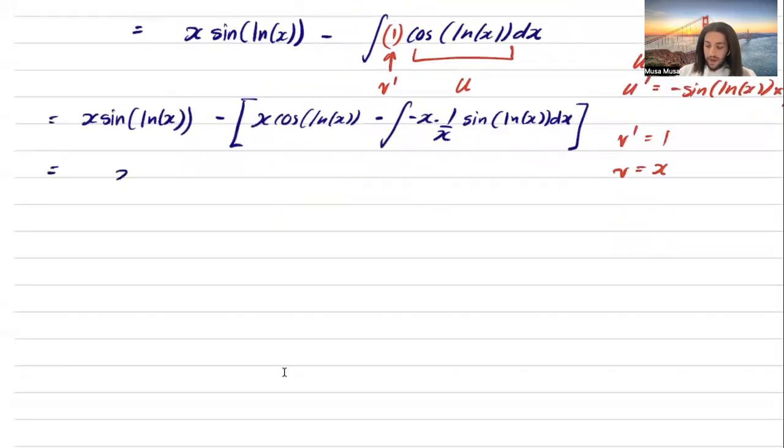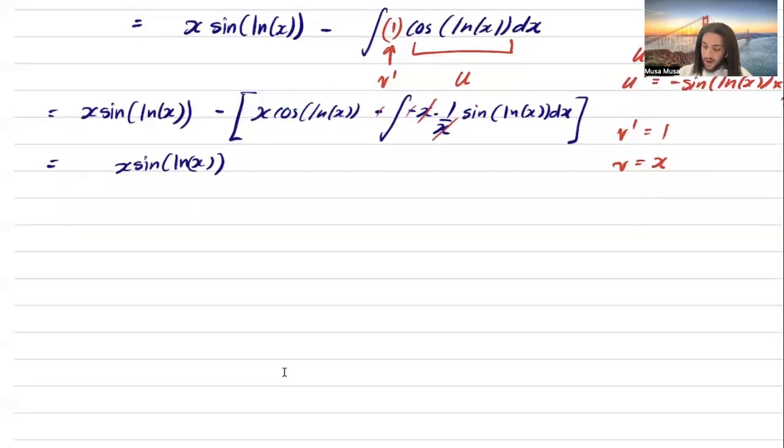Perfect. Again, that cancels with that, that cancels with that, makes it a plus. So now let's just expand. This minus expands to both of these and becomes minus x cosine ln of x, and then minus the integral of sine ln of x dx.